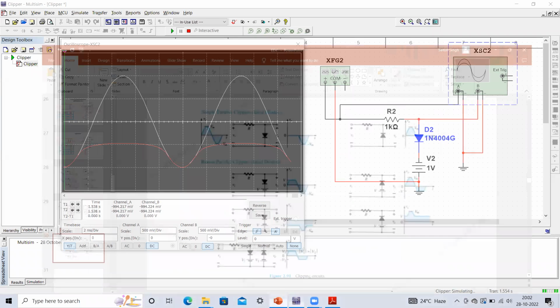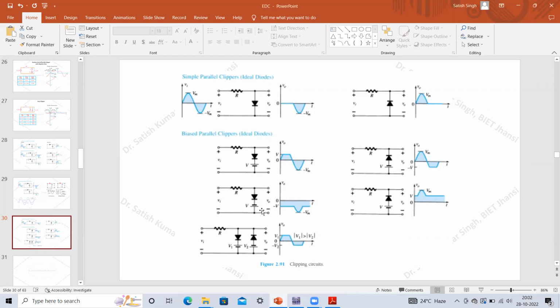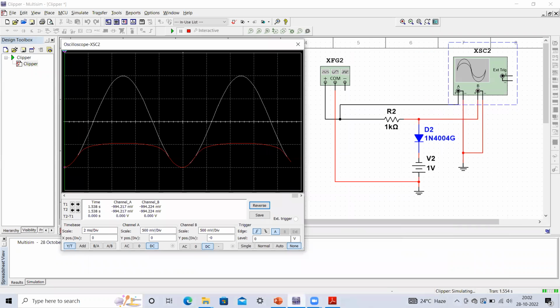Here you can see this is our shunt clipper and only this portion is going to appear, and the rest of the part is going to be clipped off. Again you can see this output, this portion is appearing and the rest is being clipped off.